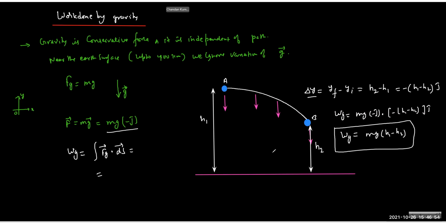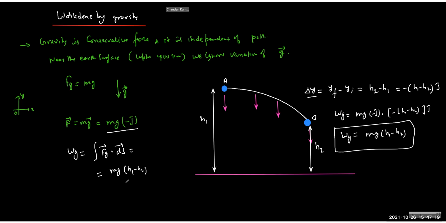If out of four options A, B, C, D, one option is a replica of another option but with a different sign, there you will get stuck. Now in this case, it's obvious you're going down, and the displacement is in the downward direction, and the force is also acting down, and therefore if you write only the product of force and displacement, it's always going to be positive. You can write directly mg into h1 minus h2.